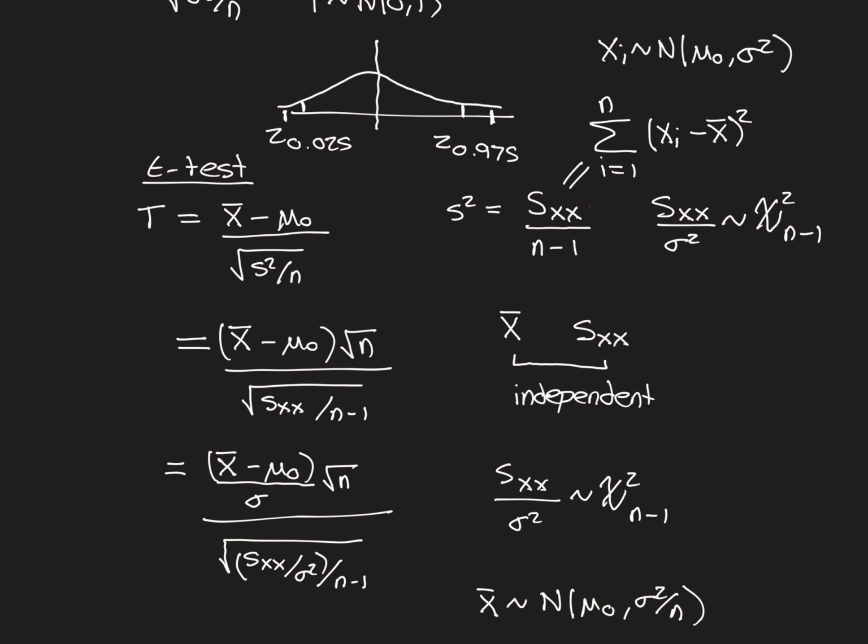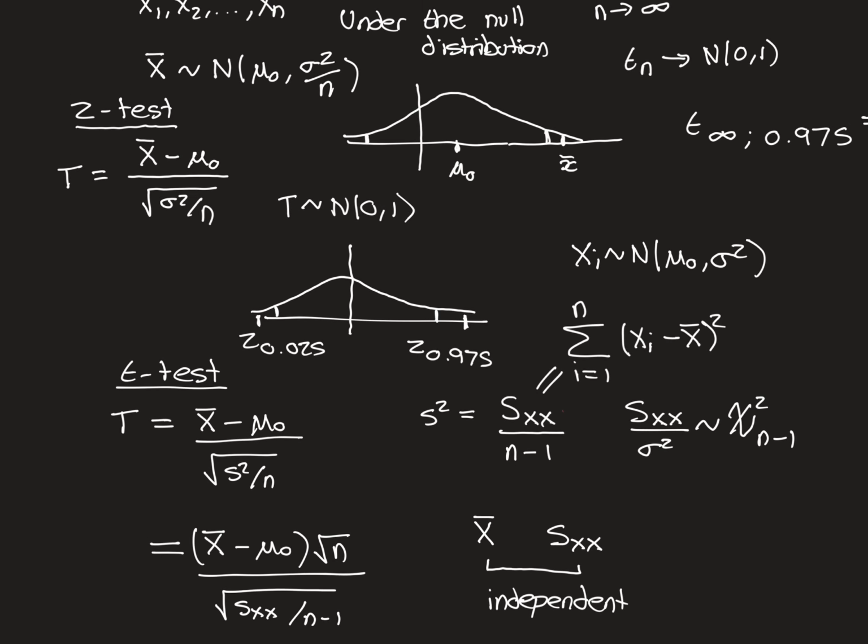So, as I said, up on the level of the z-test, if you truly knew what your variance was going into your hypothesis test, then you could do the z-test and your test statistic would end up normal 0, 1.